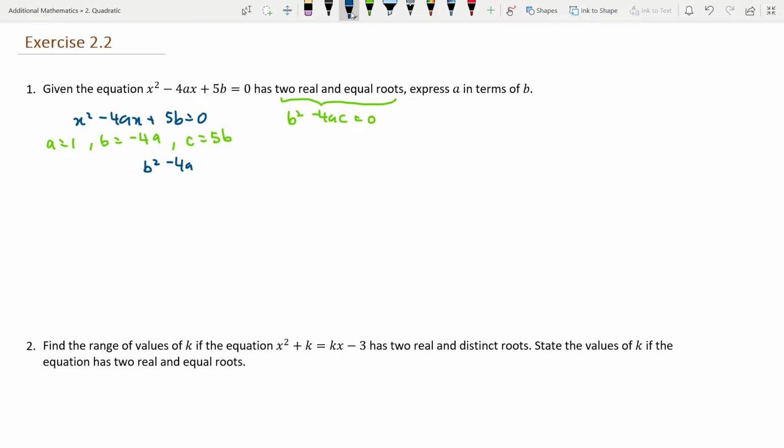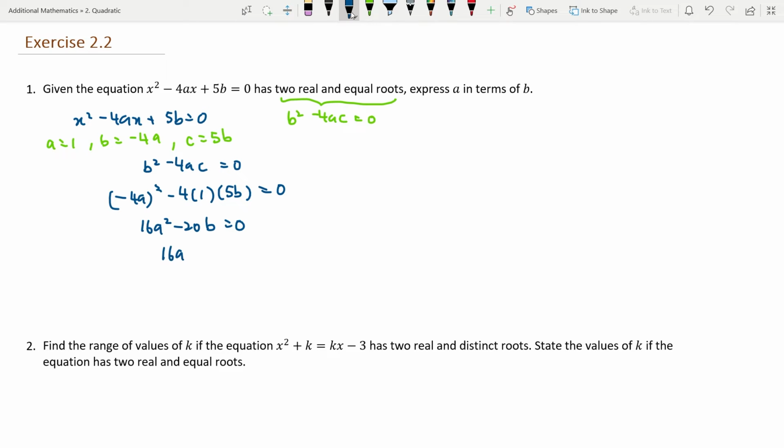b squared minus 4ac is equal to 0. Negative 4a squared minus 4 times 1 times 5b is equal to 0. Expand the bracket. 16a squared minus 20b is equal to 0. We are asked to express a in terms of b.